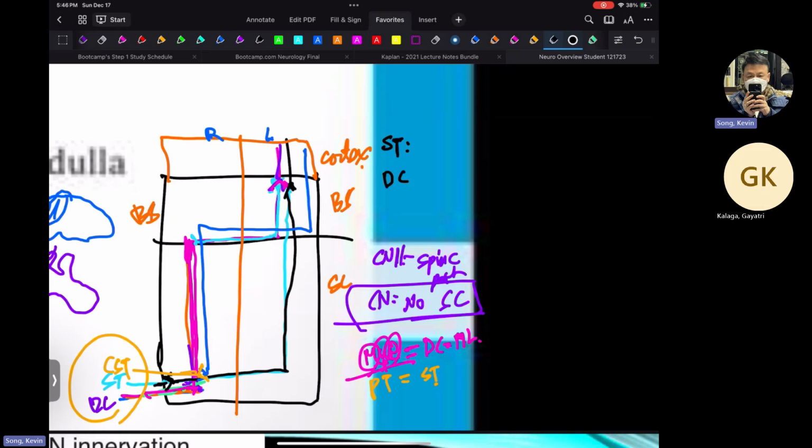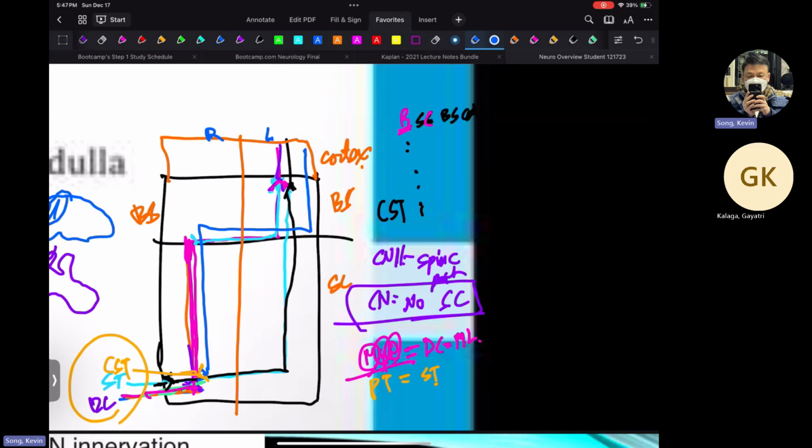So spinal cord, then the corticospinal tract. Spinal cord, then brainstem, and then cortex. If the lesion is in the right side spinal cord... Let me start with the dorsal column first.